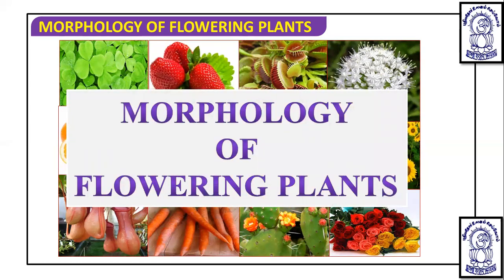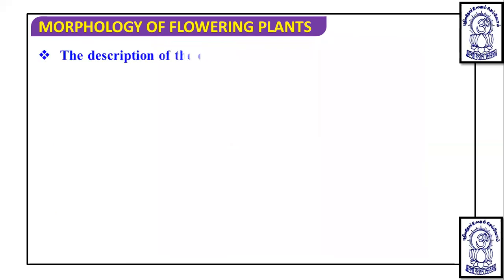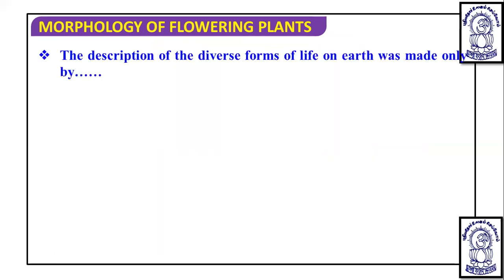When we talk about their morphology, the description of the diverse forms of life on earth was made only by observation through naked eyes. Description of diverse forms means, there is too much biodiversity.